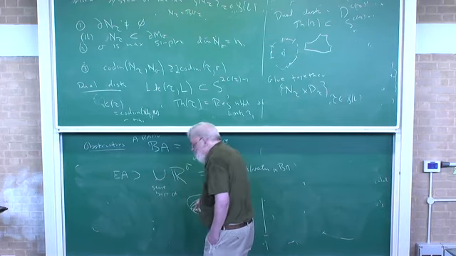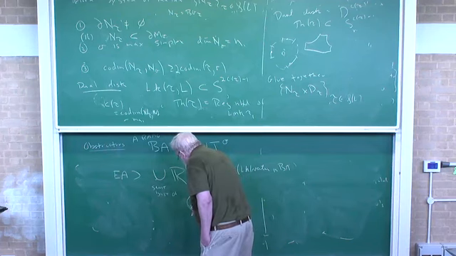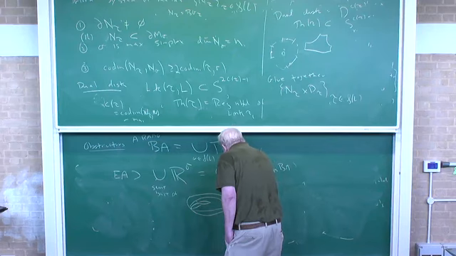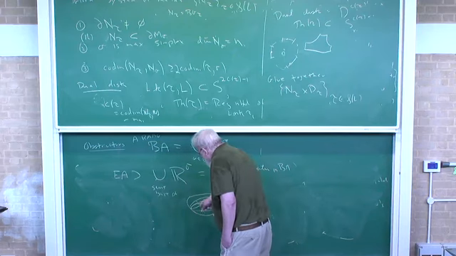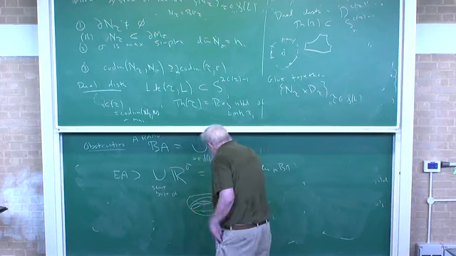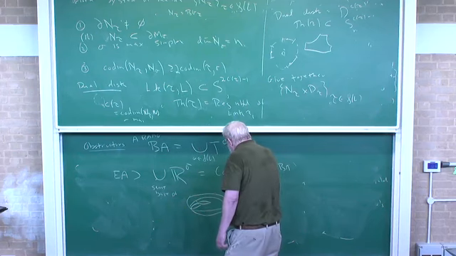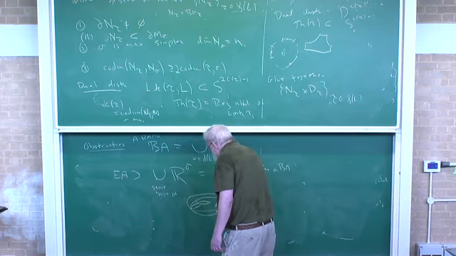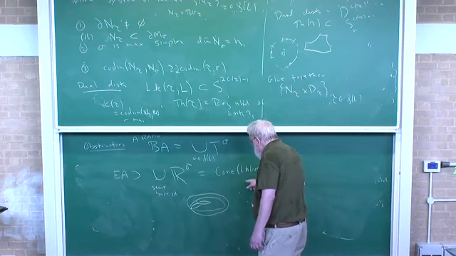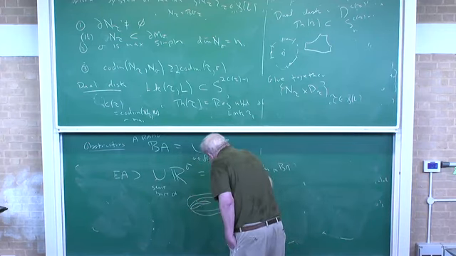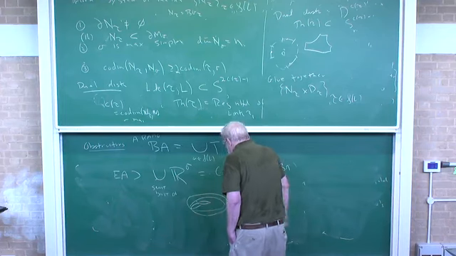Now the link of the vertex in this wedge of two circles: the link of a vertex in one circle is just a point, but the link of a vertex in two circles is an S0, not an S1. So in fact, the link of the vertex here is this square, this join.